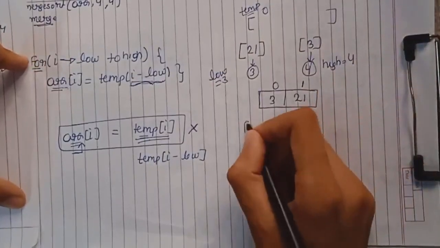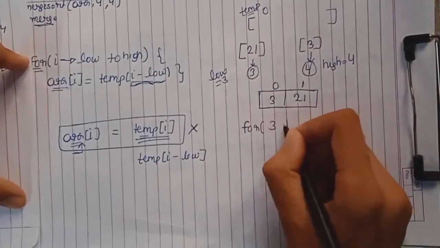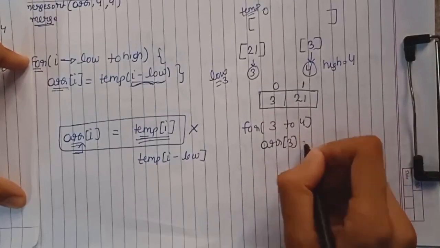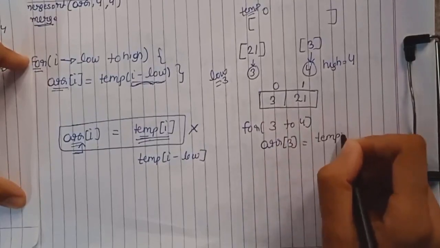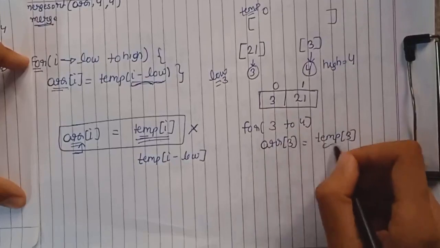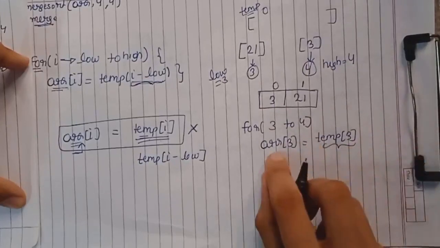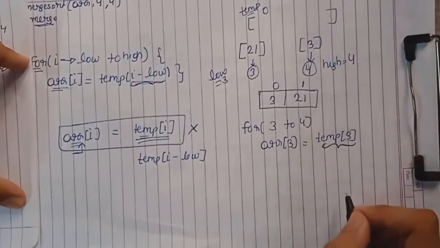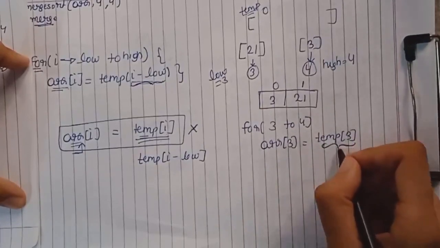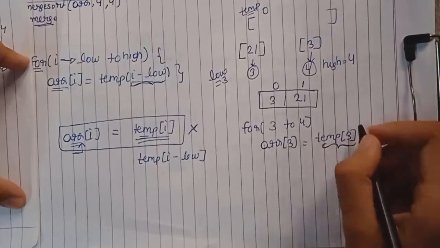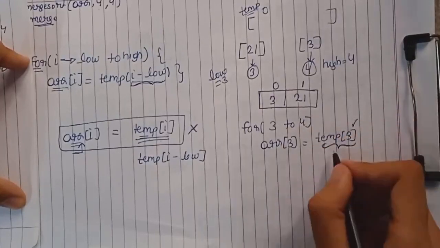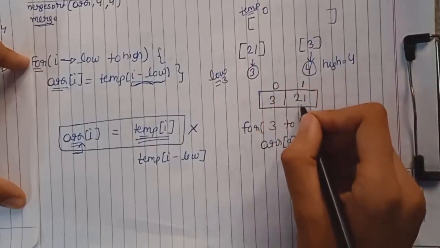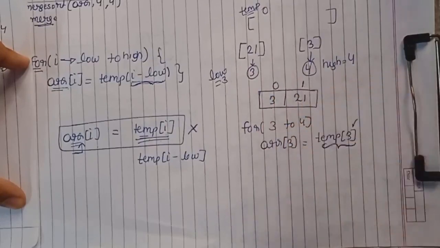So if you run your code from 3 to 4, you must note that if you do ARR 3 is equal to temp 3, then you will get some error or you will get some garbage values in your array, because temp 3 actually doesn't exist, or you can say that there is some garbage value at the index 3 of this temp, because this temp has 3 at its index 0 and it has 21 at its index 1.